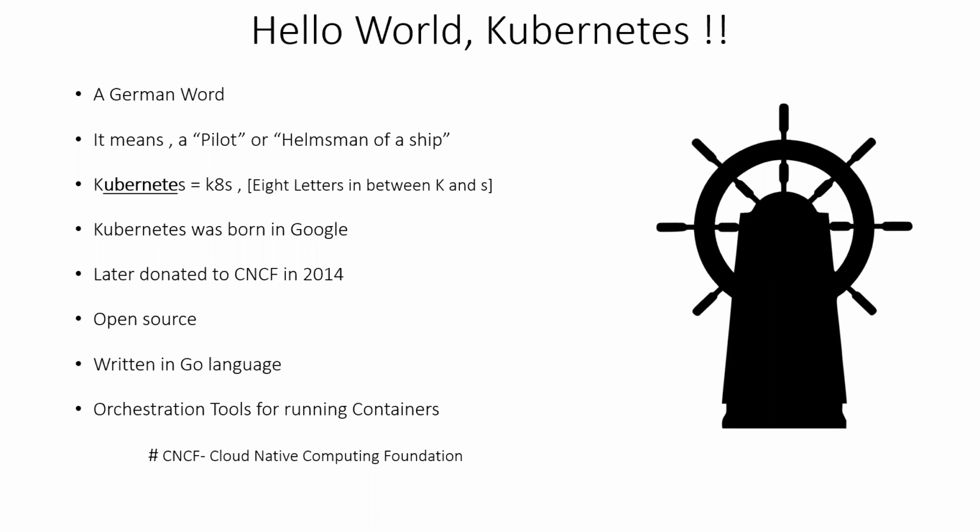Then we call it container orchestration. So Kubernetes is the world's popular container orchestration platform. A lot of organizations use Kubernetes. They develop applications in the form of container apps and they deploy across this Kubernetes cluster.